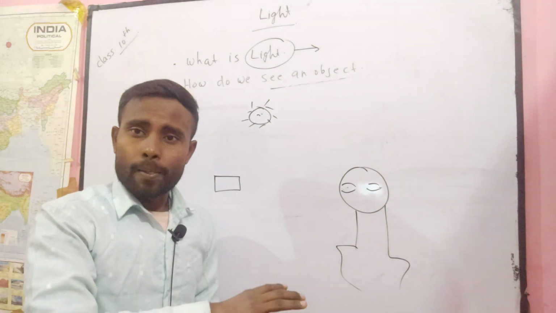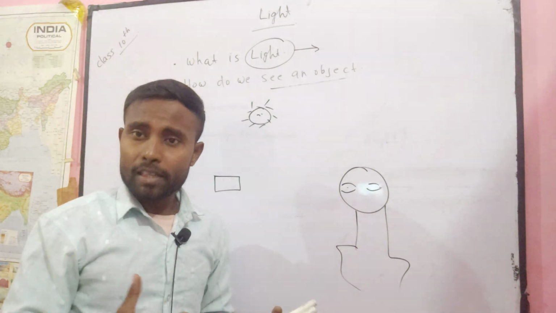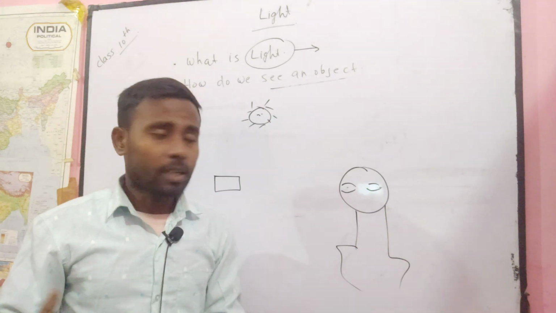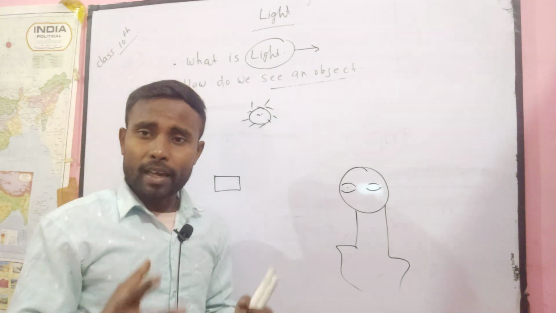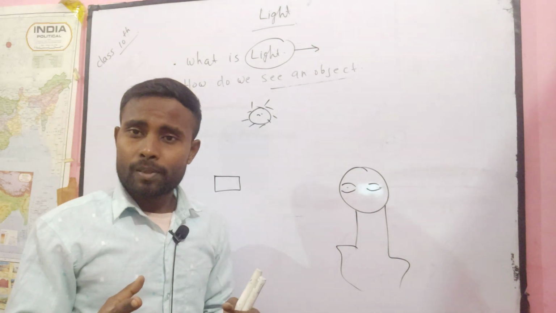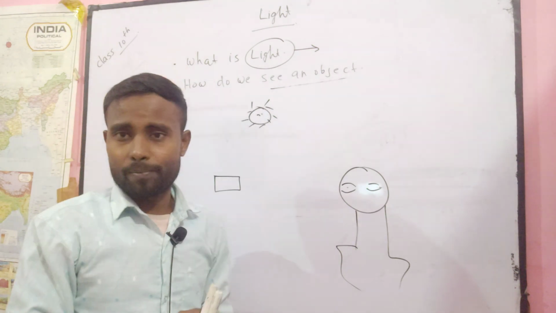And when light rays are incident on the earth's surface or different kinds of material of earth, then most of the light energy is absorbed, and some of it goes back in the same medium.